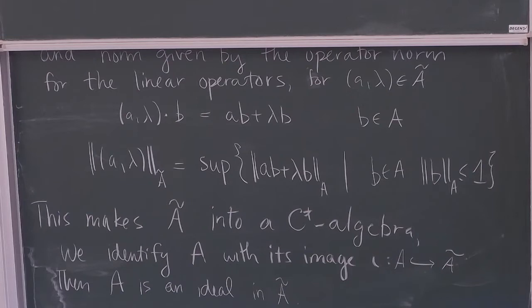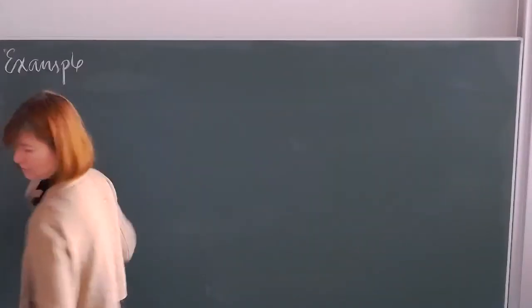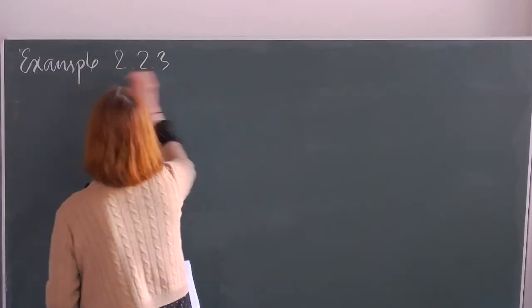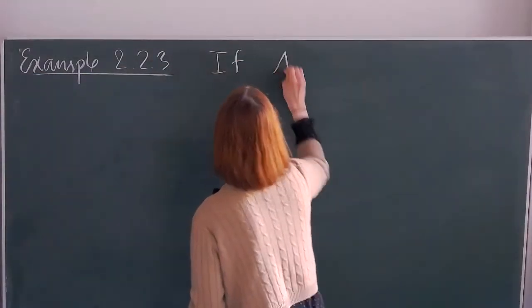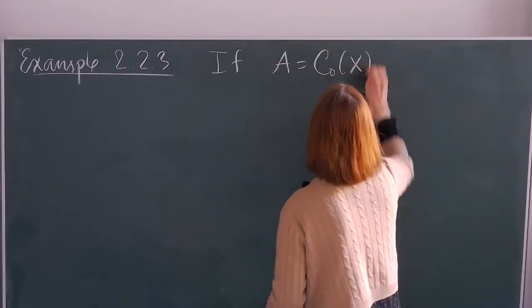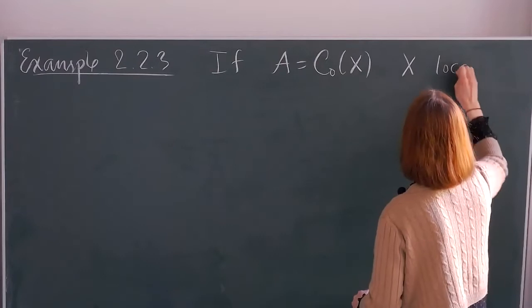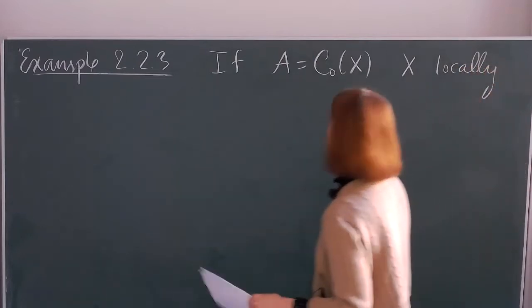And as an example, if we have continuous functions on a locally compact space, recall last time that we saw that that was a nice C-star algebra, then what do we get? X is locally compact and Hausdorff. These are the continuous functions vanishing at infinity.